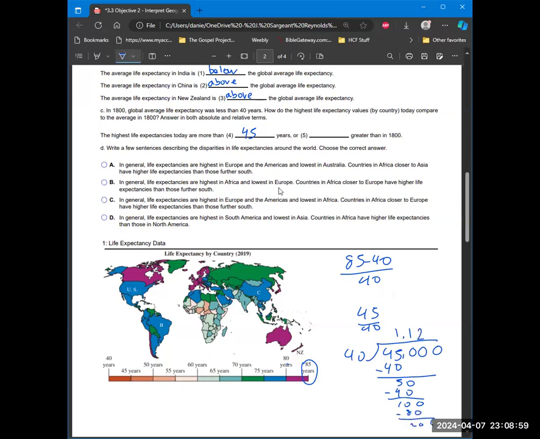And then 20. And that's 5 is 200. And so this is 112.5%. And they want us to round to the nearest percent. So that's 113%.